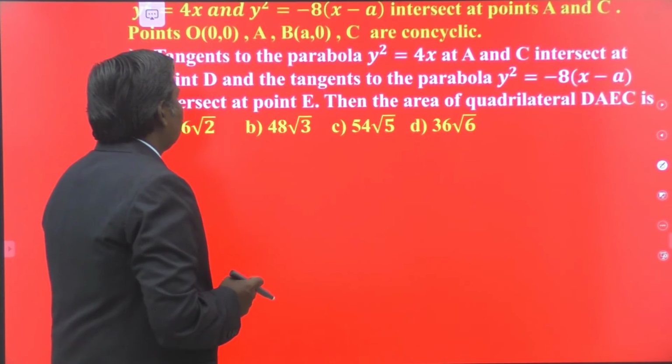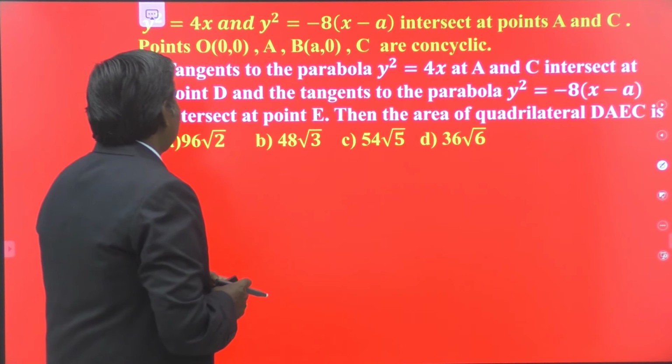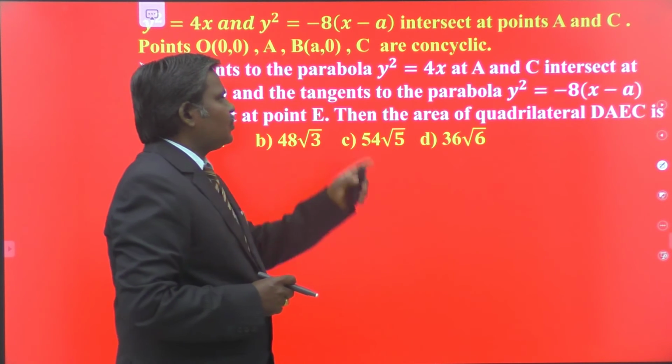Next, this is the third question related to the same paragraph.